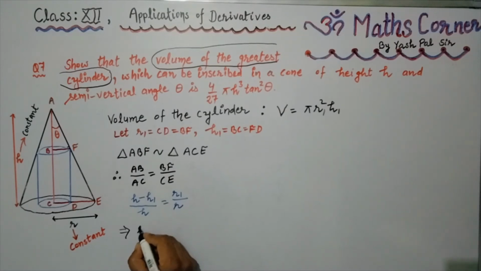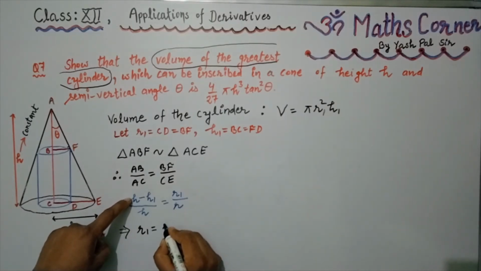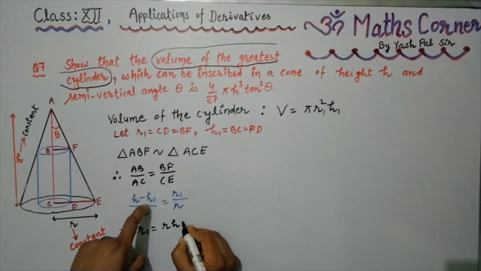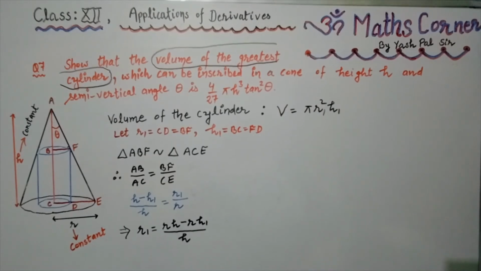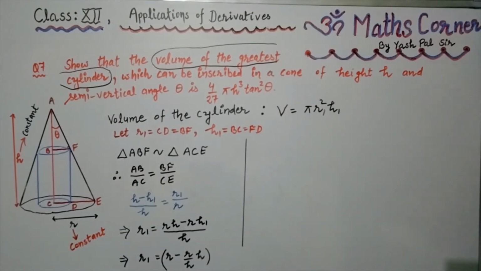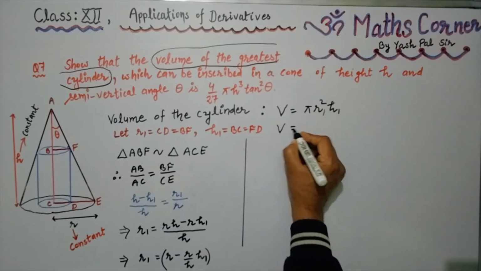From here we can conclude this is R1 equal to R into H minus R into H1 divided by H, or we can say R1 is equal to R minus R upon H into H1, right? So this value we are going to insert here.